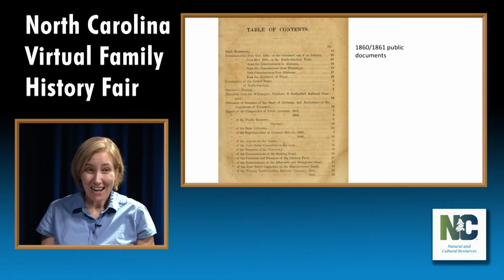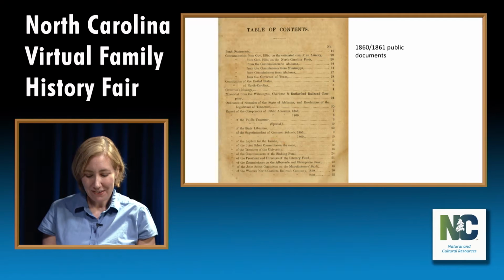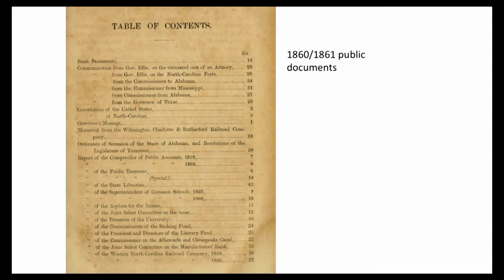What you can find in those reports are lists of people that worked for state government and received contracts from the state. You'll find the names of sheriffs, and you'll also find interesting, odd pieces of information like names of people paid to transport patients to insane asylums, and sometimes even the names of people transported.